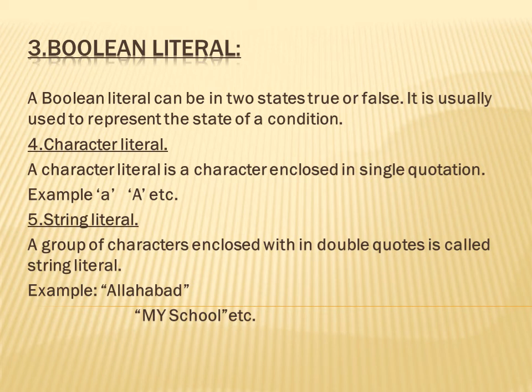String means it is a collection of characters, alphabets, or a collection of numbers, or a collection of numbers and alphabets that is enclosed inside a double quote. So string literal means a group of characters enclosed within double quotes.